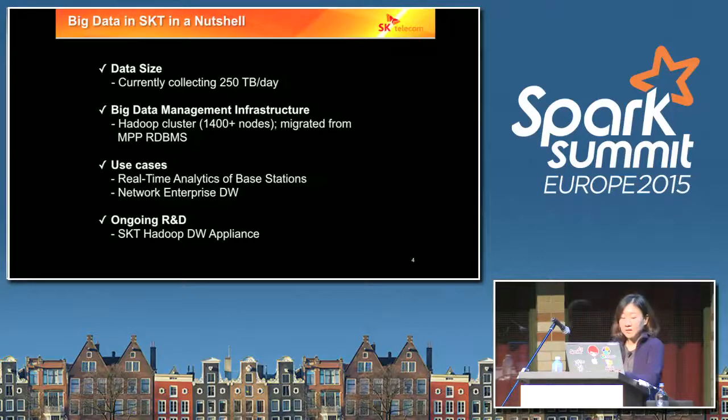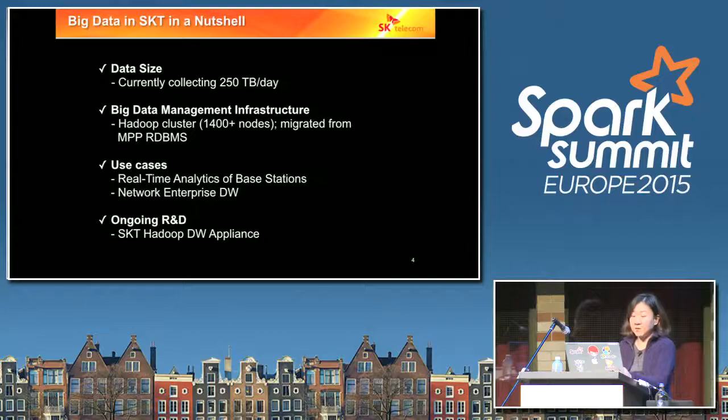Since 2013, SKT has established and operated its own Hadoop clusters. The Hadoop cluster in SKT collects approximately 250 terabytes a day. This system consists of more than 1,400 nodes, and the nodes can be reconfigured as a cluster for any opportunities.